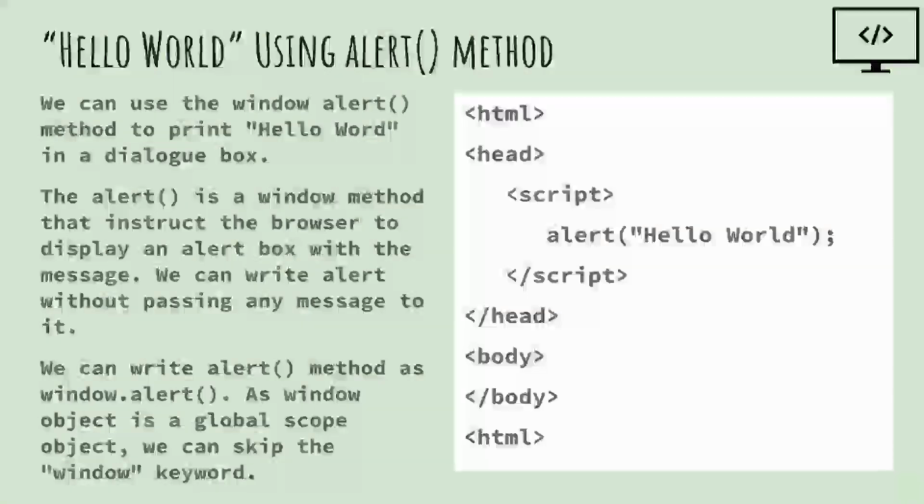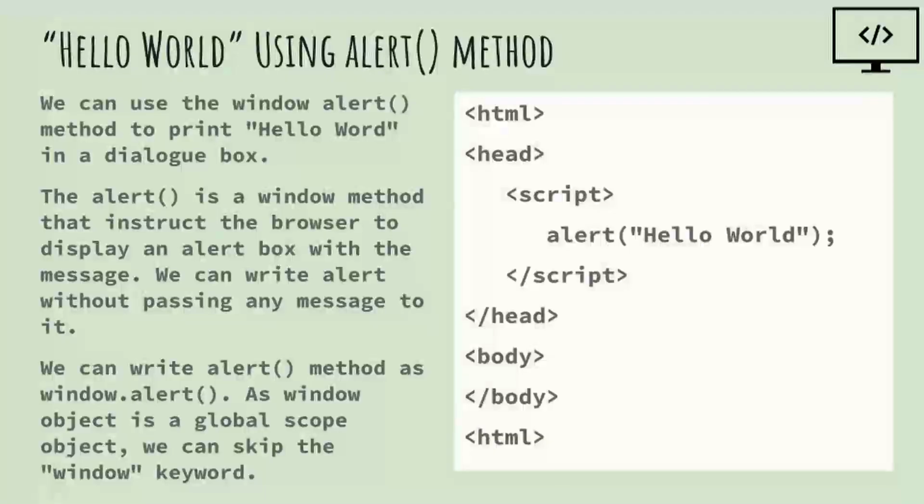Our second program of Hello World is by using the alert method. First and foremost, it is important to understand what the alert method is. The alert method is a window method that instructs a browser to display an alert box with a message. We can write the alert method by passing a string or without passing a string.